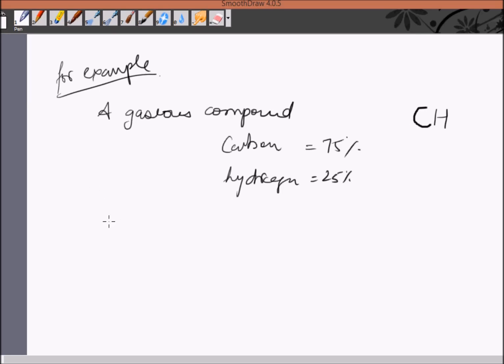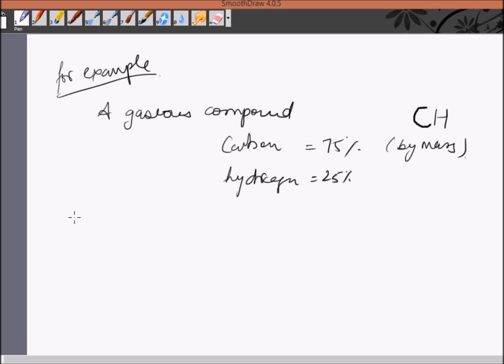The percentage of carbon is given as 75%, and for hydrogen, taking into account that we have 100 grams of the compound, we subtract 75 from 100 and get the amount of hydrogen, which is 25%. This is by mass, we can also call it, right?